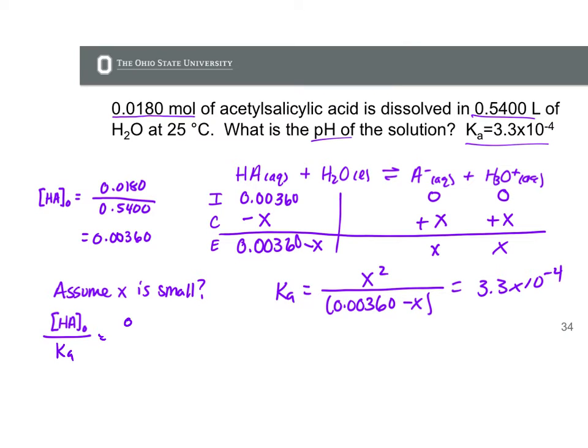So we'll have 0.00360 divided by 3.3 times 10 to the minus 4, and we end up with about 11. That's much less than 1,000, which means that we can't assume that X is small in relation to the initial concentration, 0.00360. So that means we're going to have to solve the quadratic.